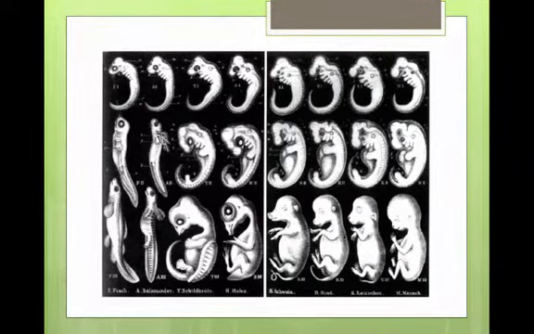So here's a picture of embryonic development. This is for a fish. This one is a salamander, this one is a turtle, a chicken, a pig, a dog, a monkey, and a human. If you look at the really early embryonic stages, they look fairly similar, like really, really similar. Then as they start to develop, they start to differentiate. So these two look similar, these two look similar, these two look similar, and these two look similar.